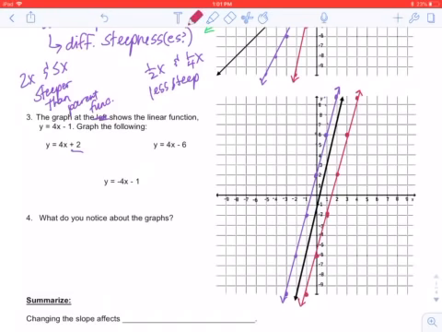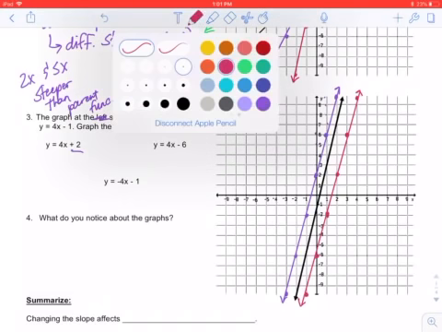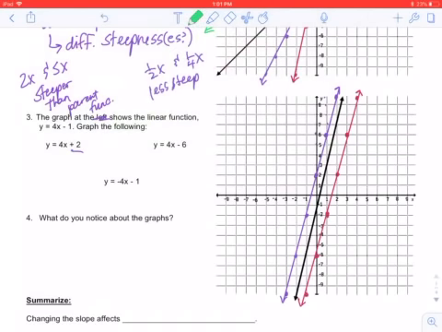Then something changes here. We have y equals negative 4x minus 1. So still minus 1, but this time it's a negative 4x. That means when I count my slope and I go up 1, 2, 3, 4, I go to the left 1. Same with going the other direction. I'm going to end up going down and to the right.